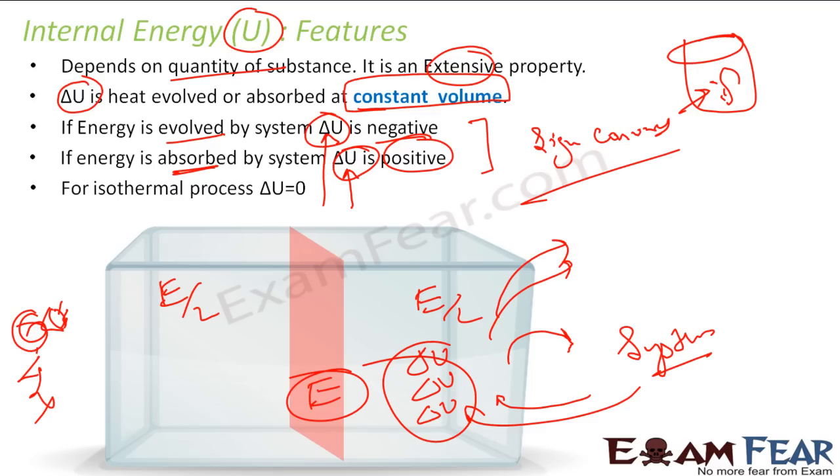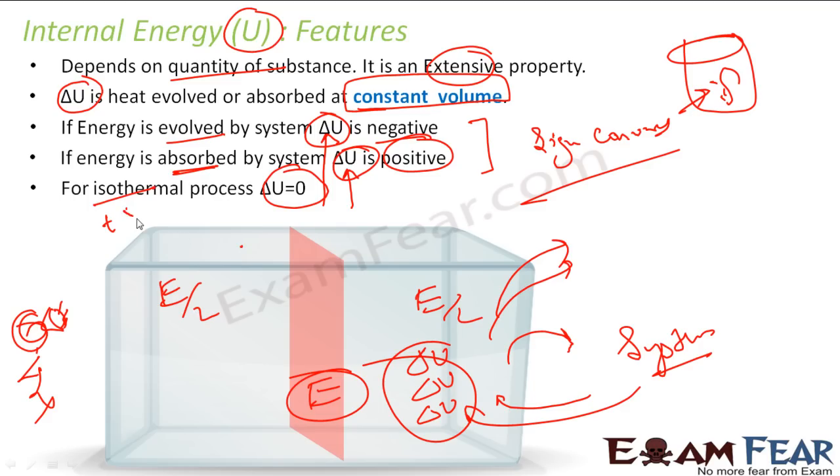For an isothermal process, delta U is 0. Why? Isothermal process means temperature is constant. And since we are talking about change in internal energy, I am saying volume is constant.